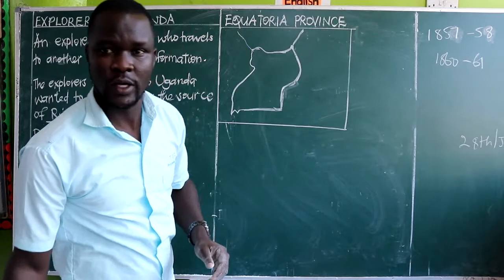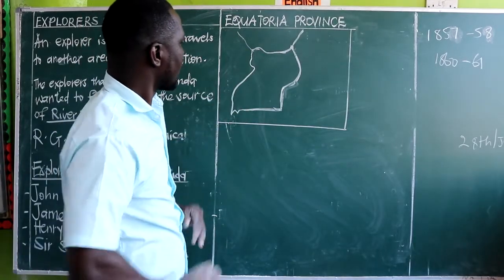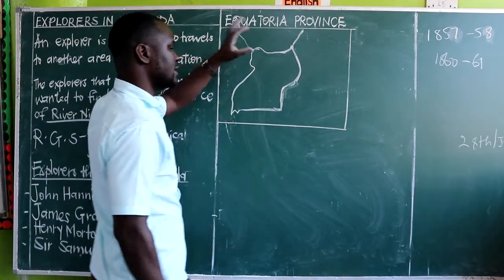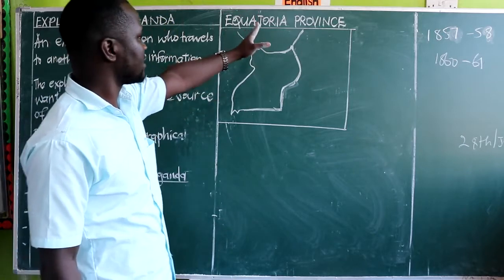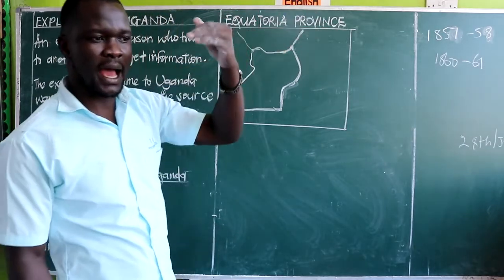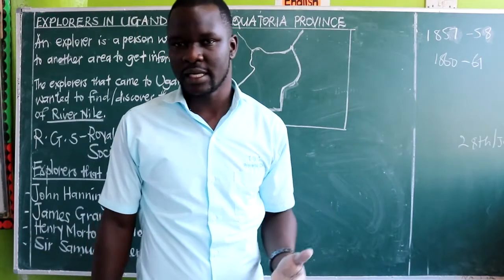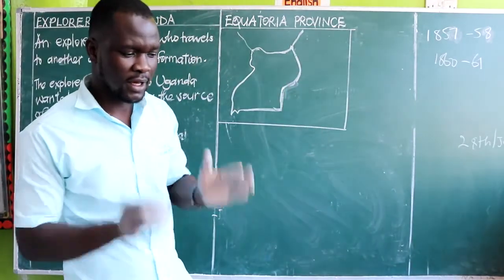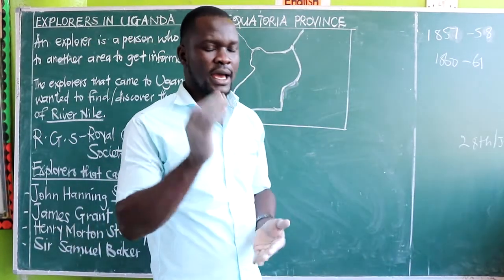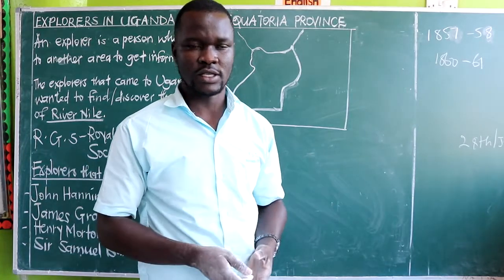Now, this we call Equatorial Province. Remember we said Sir Samuel Baker had come from Egypt, that is from the Mediterranean Sea, where the river pours its water, and he was hoping to reach its source.